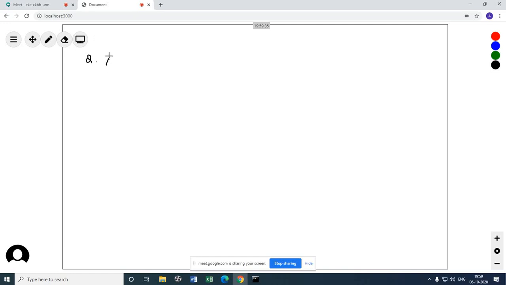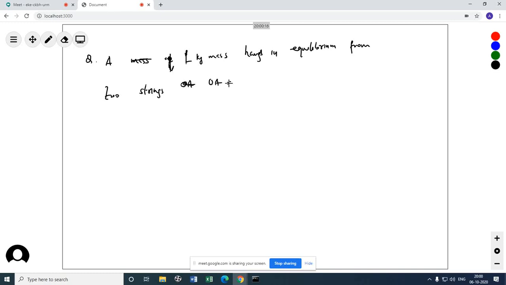I'm writing: a mass, a 1 kg mass hangs in equilibrium from two strings OA and OB. No diagram here.